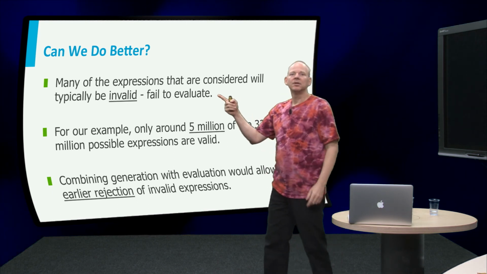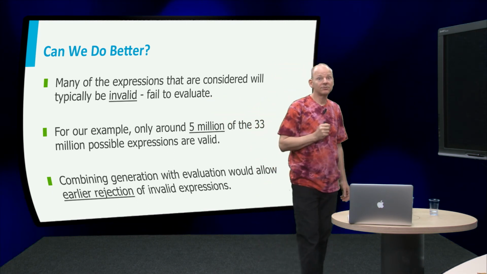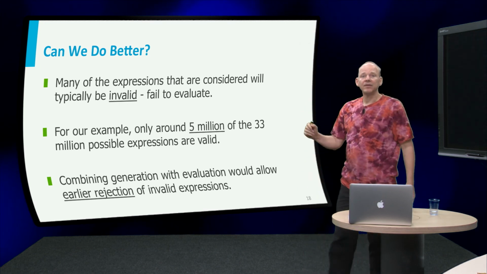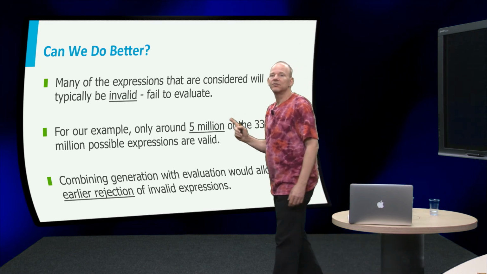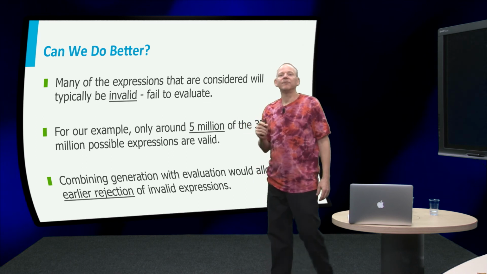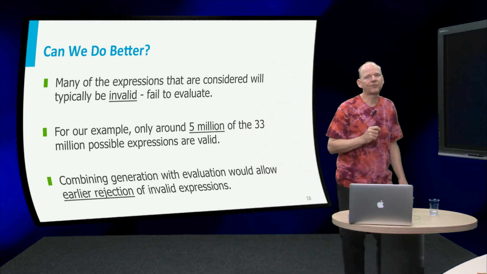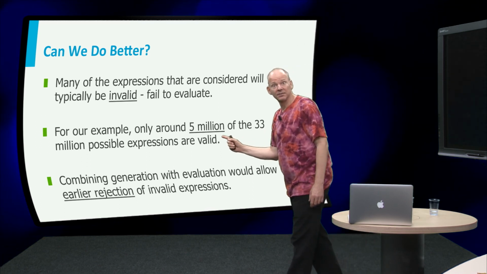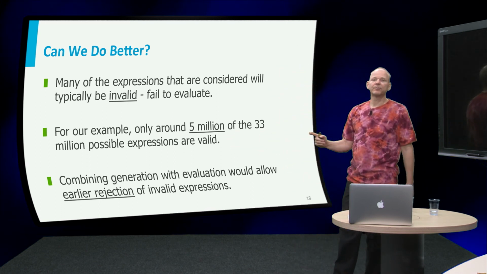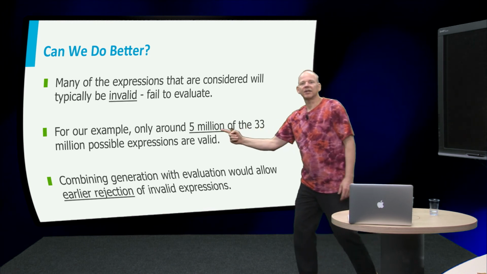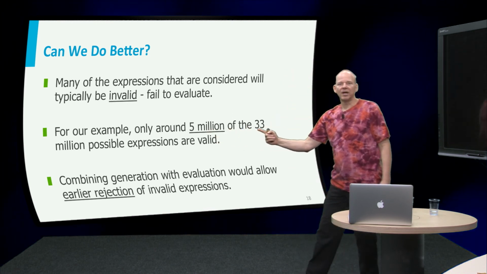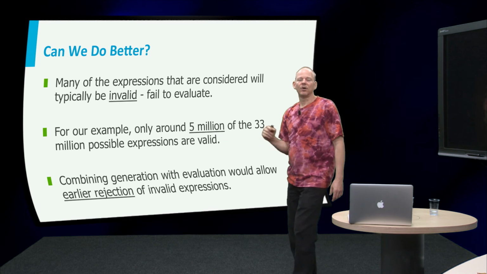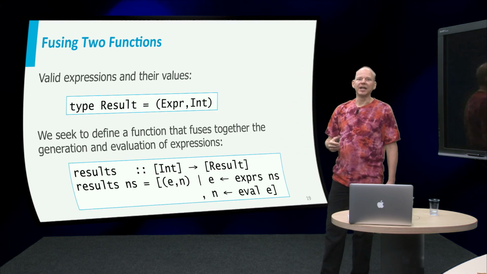What we're going to do now is check if we can avoid generating invalid expressions up front. Our hope is that this will give us a performance improvement, because only a quite small fraction of all the possible expressions are valid.